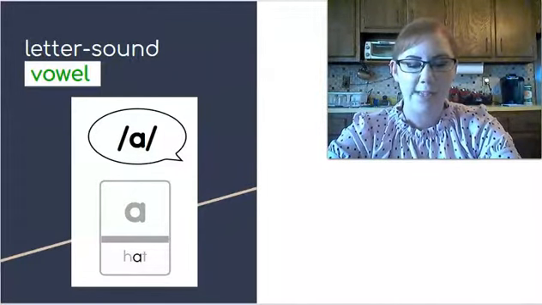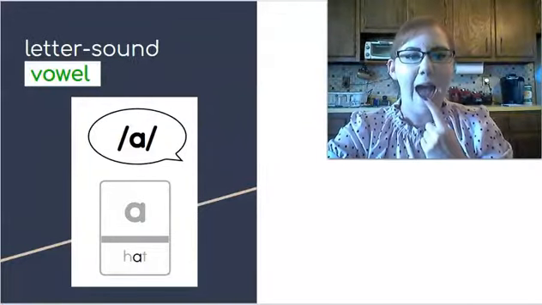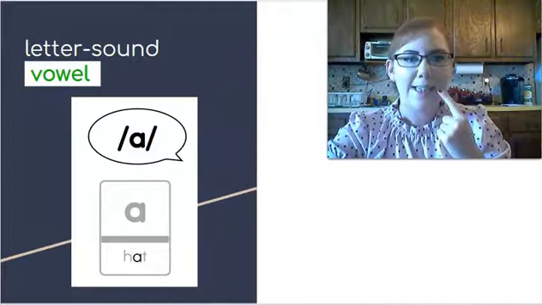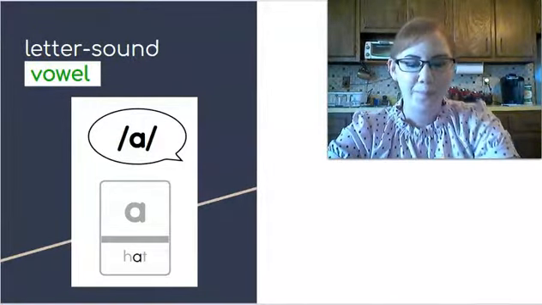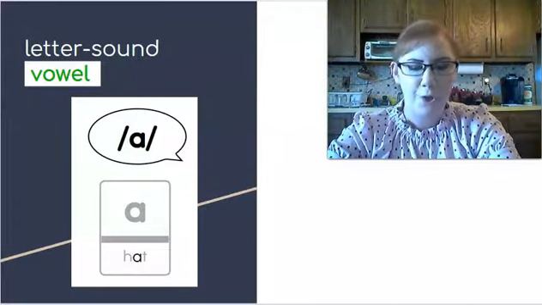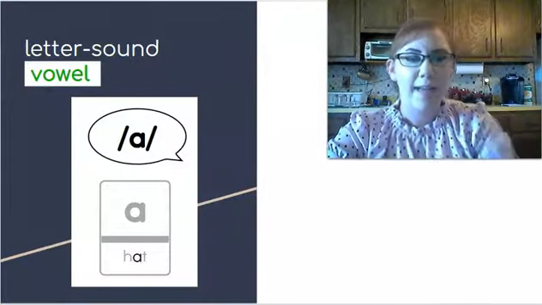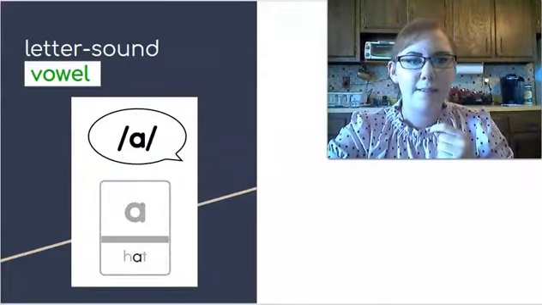Remember, vowel sounds are made with an open mouth, like ah and eh, eh, eh. See, my mouth is open, ah. Consonants are made with part of your mouth closed or touching, so the air is blocked, or blocked by your teeth.